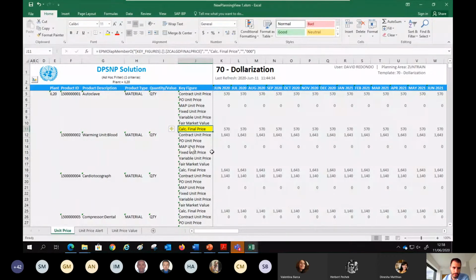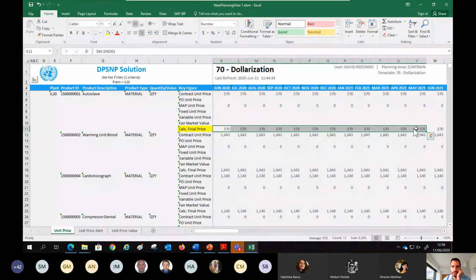For any demand involving this product ID, the system will look for the calculated final price, and as we explained in the presentation, we multiply the quantity, or the demand for that particular month, by this calculated final price. So this is the price that the system is using to dollarize, to calculate the value of the demand.